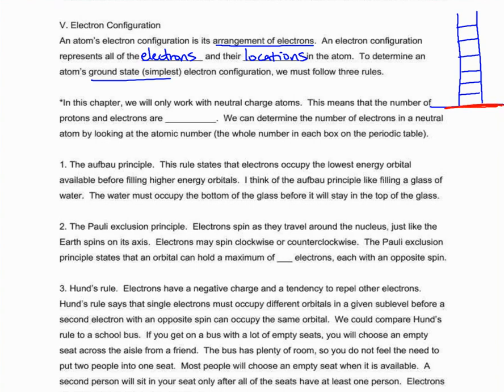The least possible energy when you're standing in front of a ladder is to be on the ground and not be on the ladder at all. So this is the lowest possible energy level for a ladder, and basically the same idea here. The atom's ground state is the lowest possible energy configuration.